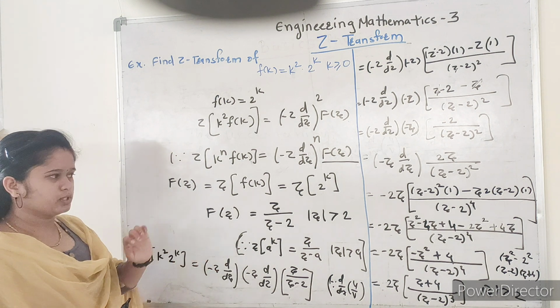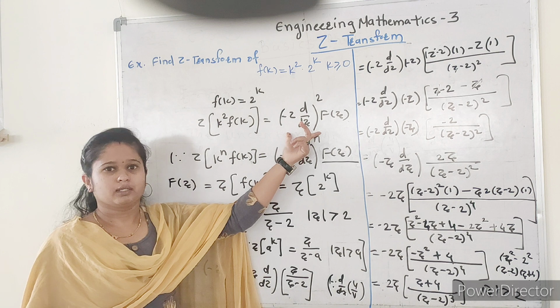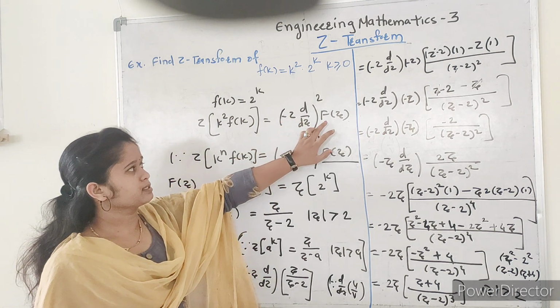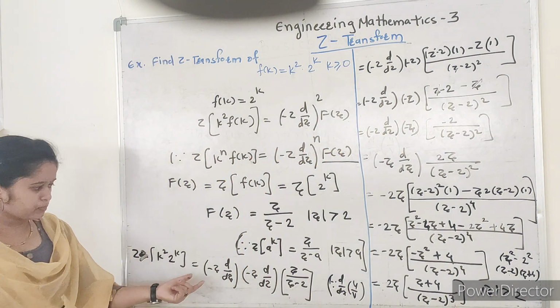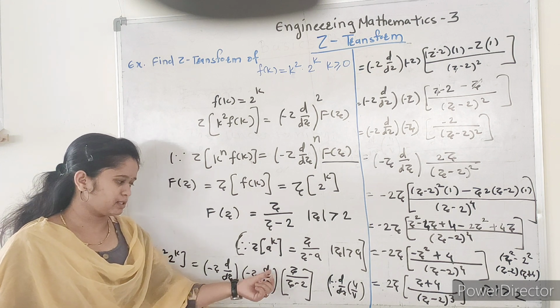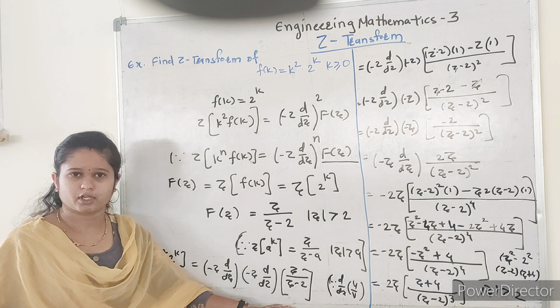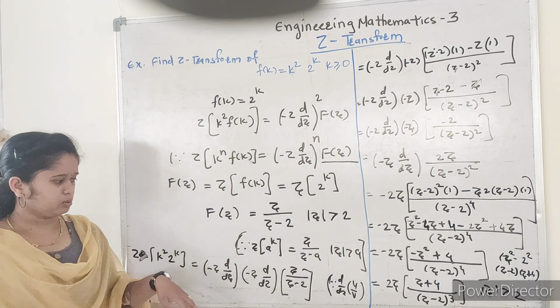Now we get f of z. Now we go to our main result. So now we find the second derivative of f of z. For that we write it as minus z into d upon dz into minus z into d upon dz. First we find the first derivative. After that we apply the second derivative.